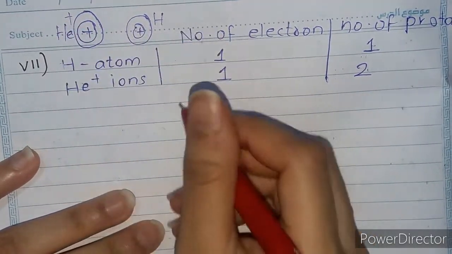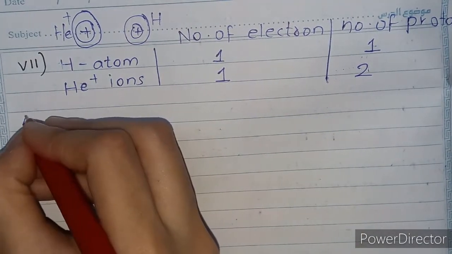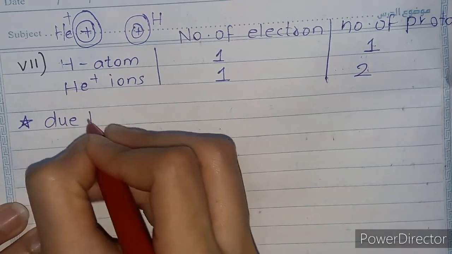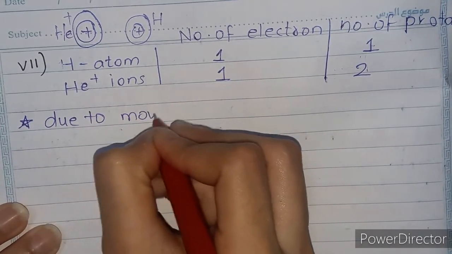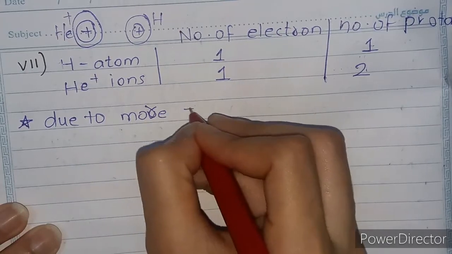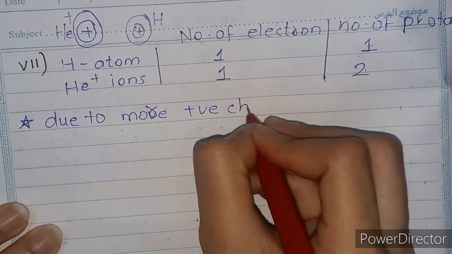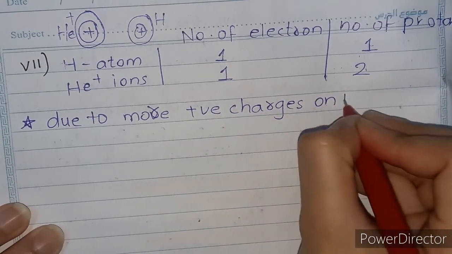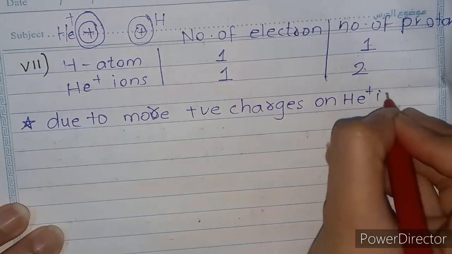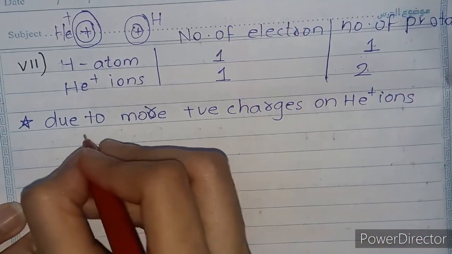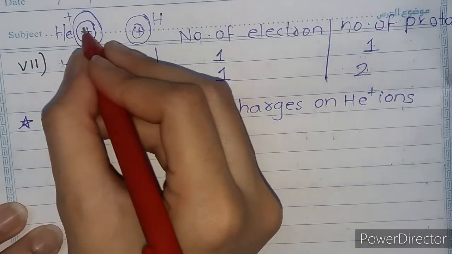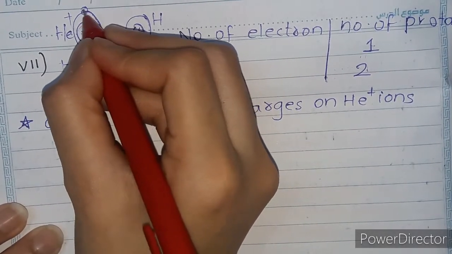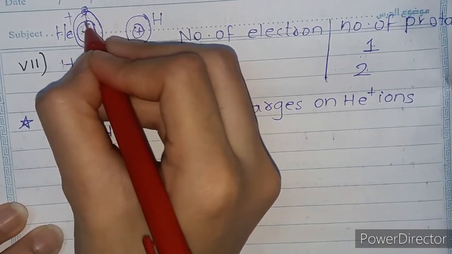So it will be smaller than hydrogen. The reason is due to more positive charges on helium ions, the protons. Due to more positive charge, the electron, the negative charge, is attracted by the positive charge.